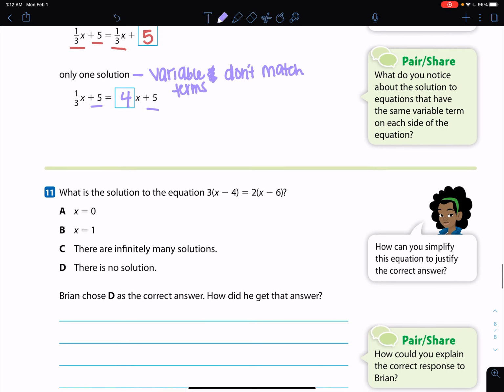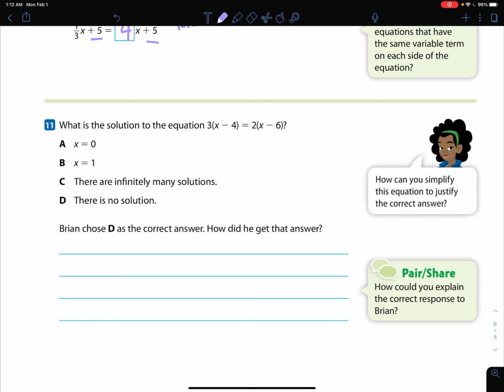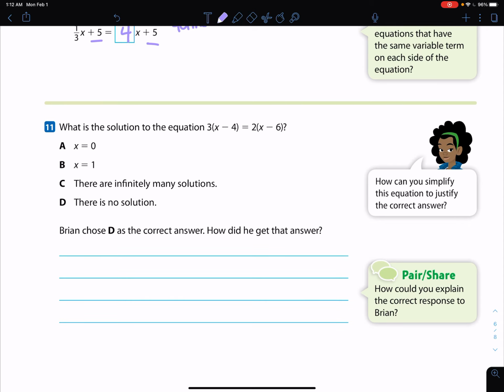All right, and our number 11 was the solution to this equation. So we're going to distribute and then simplify. Distribute, simplify, combine, solve. Let's distribute first on both sides. So 3 times x is 3x, 3 times -4 is -12, 2 times x is 2x, and 2 times -6 is -12. Then we'll add 12 to both sides.